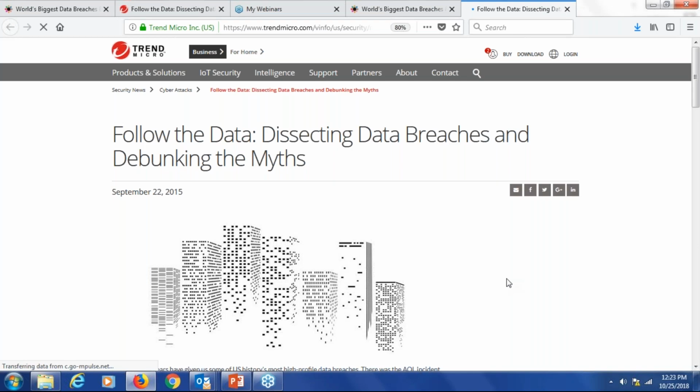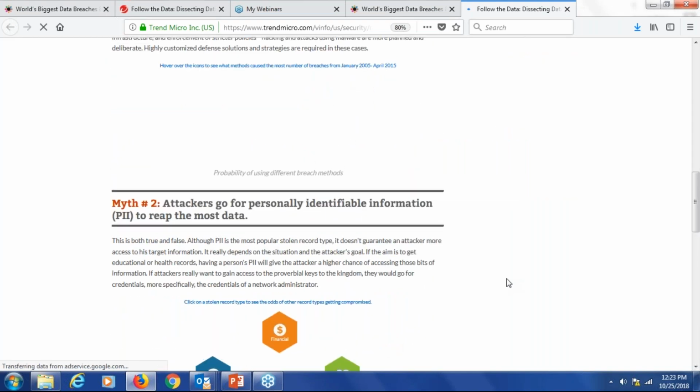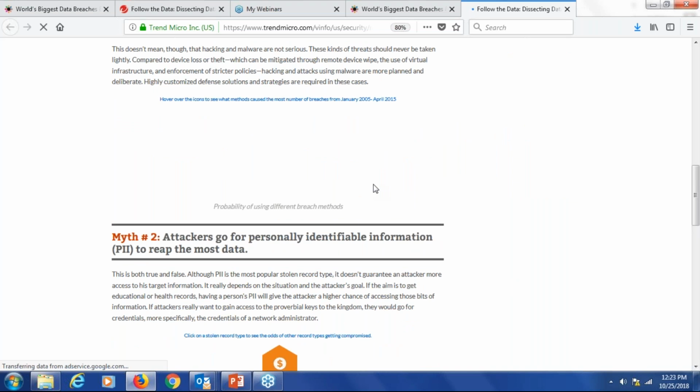But this is the actual study that was done in 2015. It's interesting to take a look at the study because it's very interactive, and I'm not going to click on each one of the myths, but I just wanted to give you an idea that by looking at these, we can do that. I'm not sure why it's taking so long to load, so I'm going to go back to the presentation.